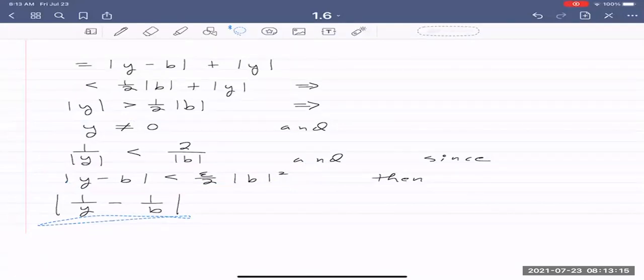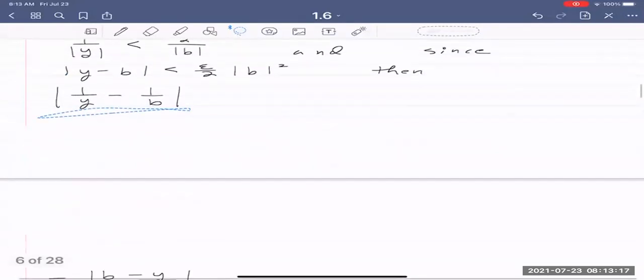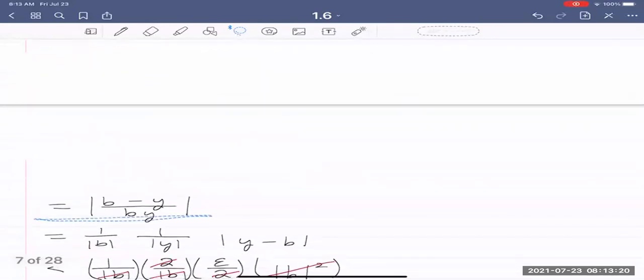1 over y minus 1 over b in absolute value. Combining these two fractions, getting common denominators, is just b minus y over by, all in absolute value. Therefore, this is just equal to 1 over the absolute value of b times 1 over the absolute value of y times the absolute value of b minus y. And again, I can just change the sign of what's inside the absolute value.